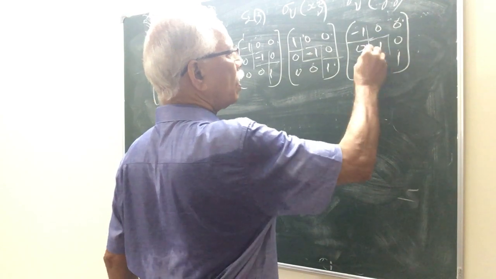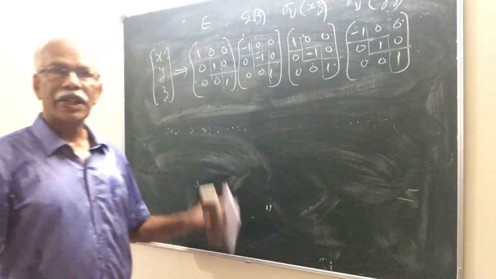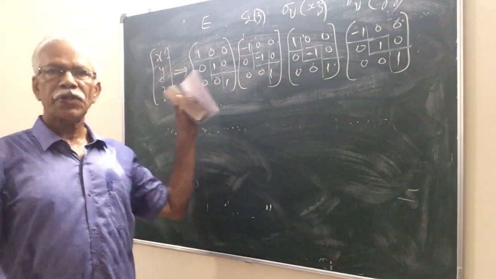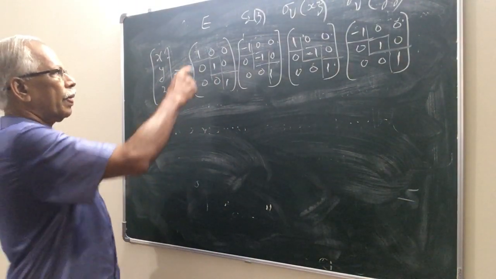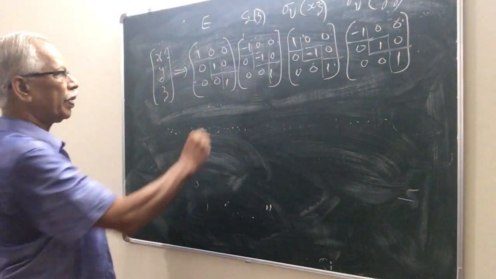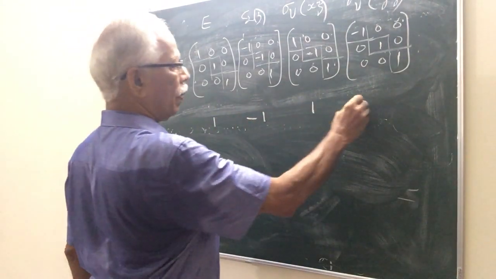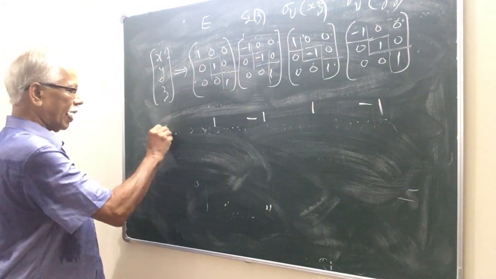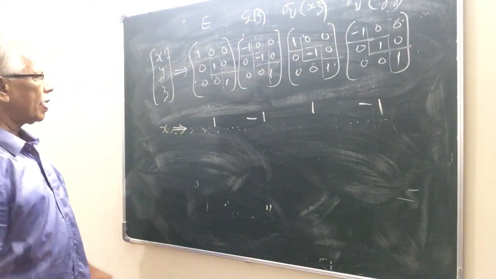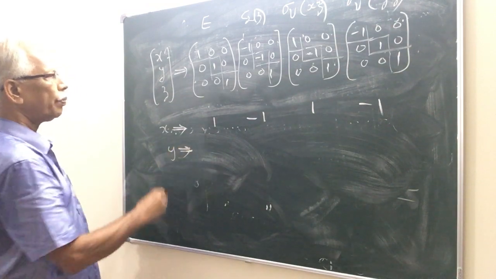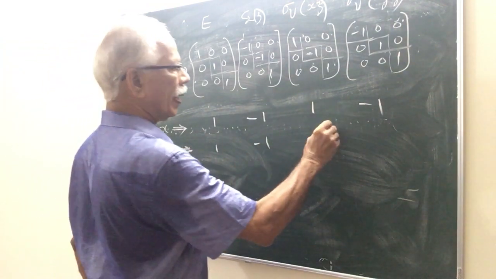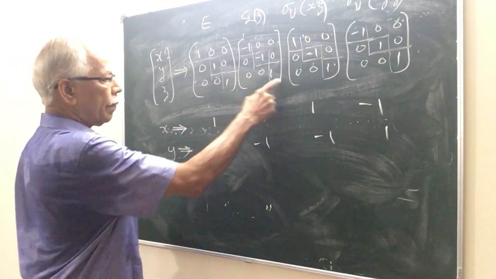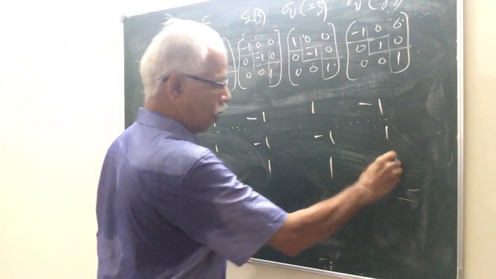This has an important consequence. It is possible to pick out the numbers from corresponding blocks from the first row, first column, 1, minus 1, 1, minus 1, and link it to the first basis function x. Similarly, y corresponds to 1, minus 1, minus 1, 1, and z corresponds to 1, 1, 1, 1.